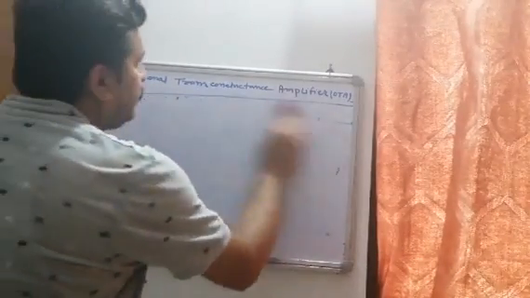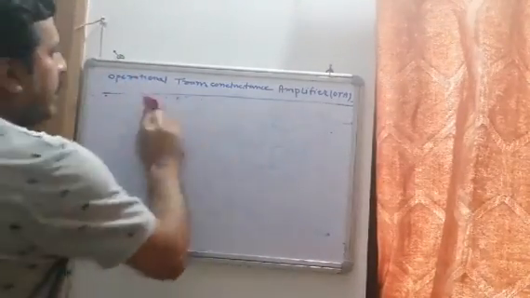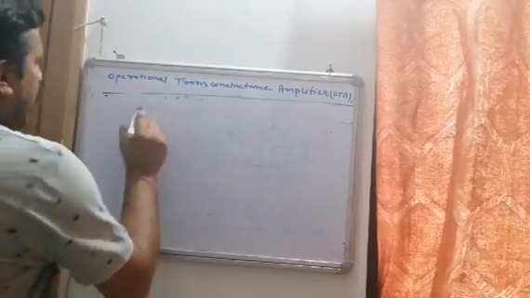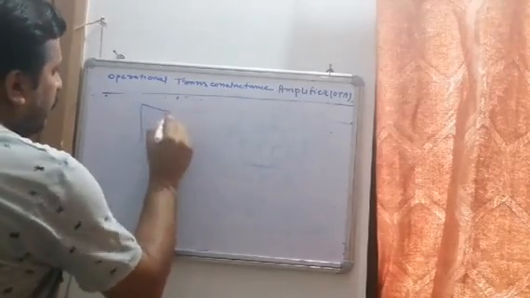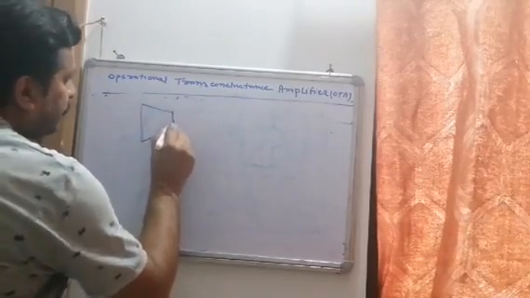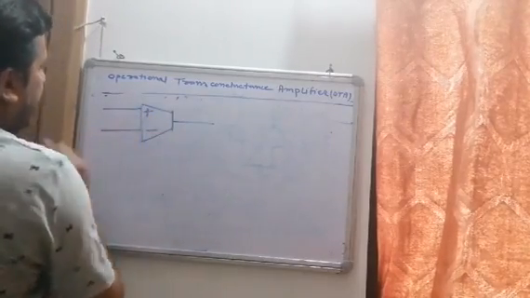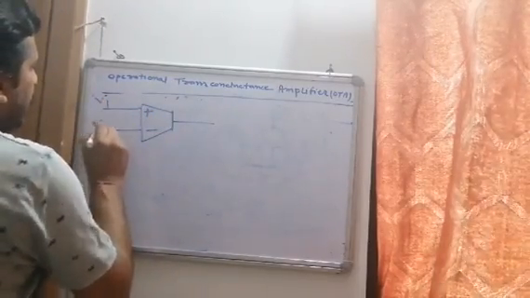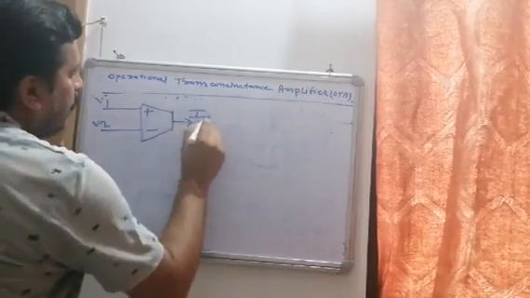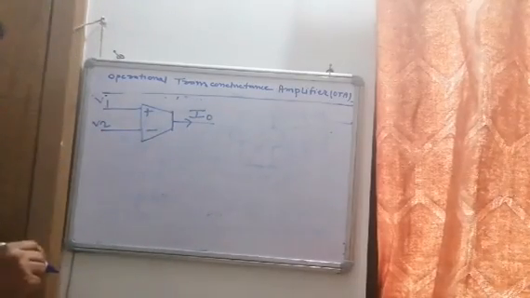So how can we denote an OTA? An OTA can be denoted by this type of circuit. Here we have applied V1, V2, and this is the output current I naught.